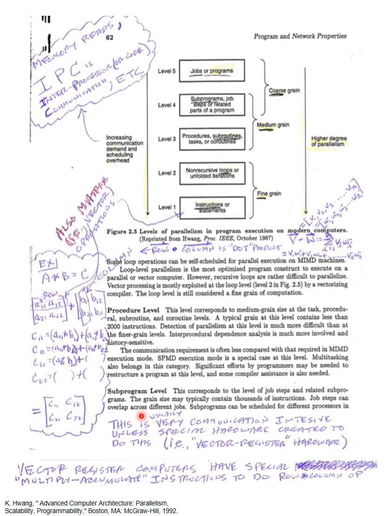And so that's all it says down below here, that this is very communication intensive unless special hardware is created to do this vector register hardware. And then it just says vector register computers have special multiply accumulate instructions to do row times column operations.